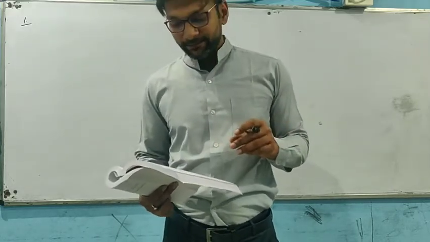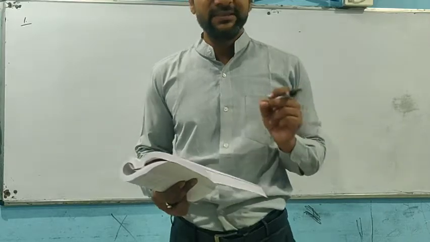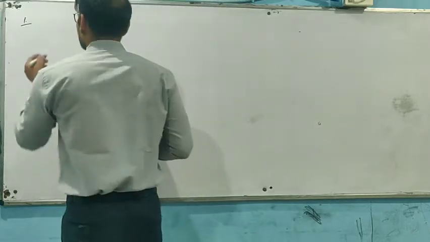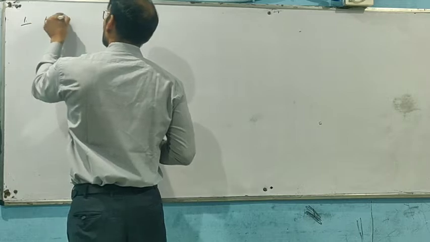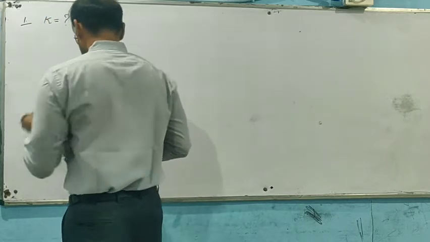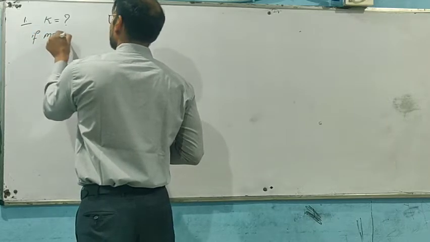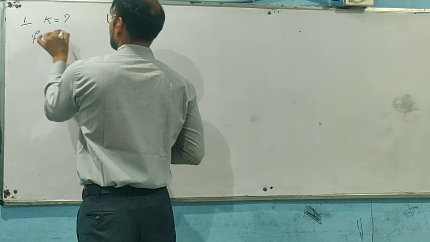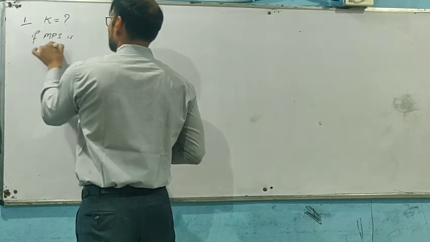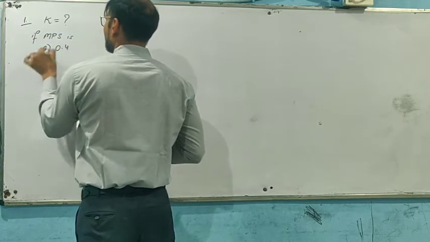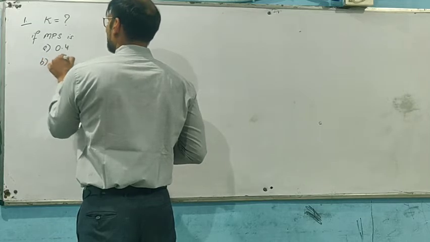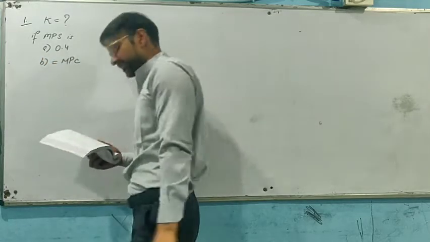It reads out, calculate the value of multiplier if the MPS is 0.4 and if it is equal to MPC. I read once again, we need to find out investment multiplier if MPS is 0.4 and in B case equal to MPC.